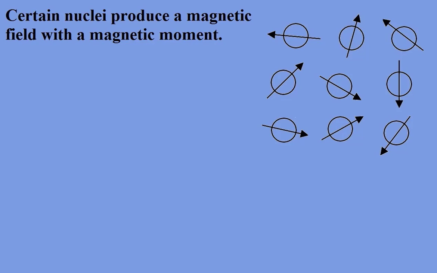And of course in that nucleus we've got positively charged particles of protons, and with that spin on the nucleus we create that magnetic field. A magnetic field around the nucleus of these atoms which has a magnetic moment, a direction of propagation.